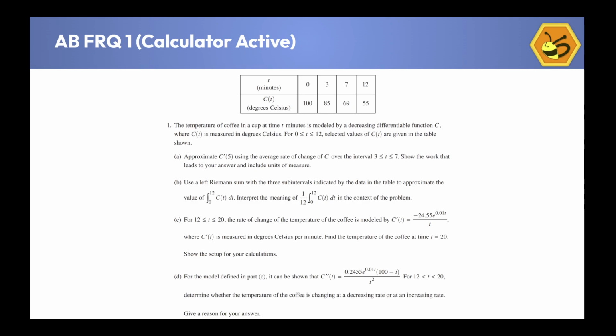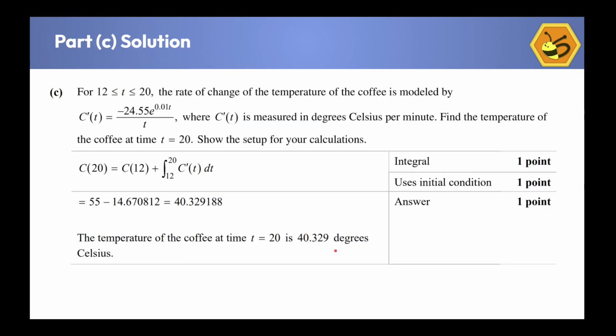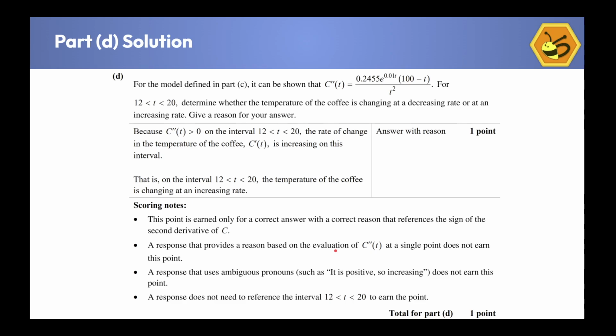Let's take a look at the given second derivative. Basically the second derivative is the derivative of the first derivative, so it reflects the rate of change of the first derivative.